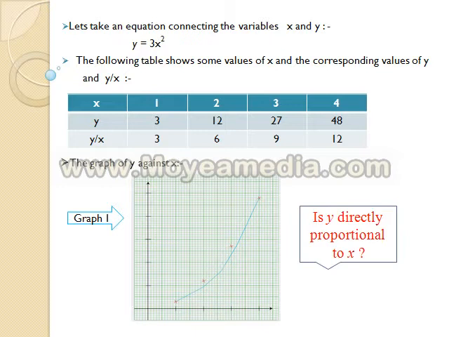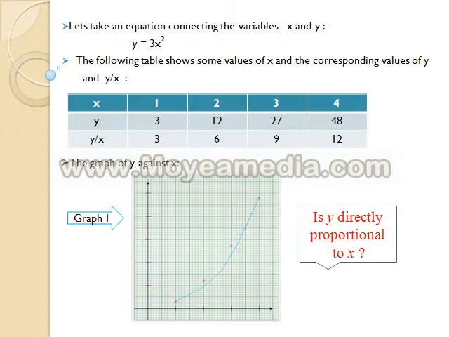So I took 4 values of x: 1, 2, 3 and 4, and just replacing these values of x in the above relationship, I got the corresponding values of y: 3, 12, 27 and 48. I hope you can find it out. In place of x, 1: 1 square is 1, 3 multiplied by 1 will give you 3.